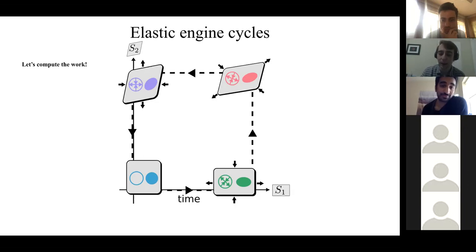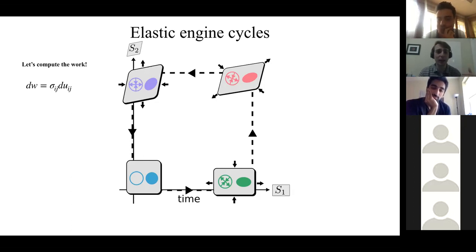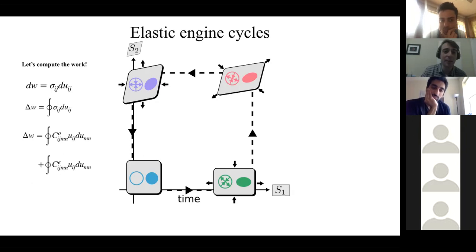Well, the work done on the elastic solid is the stress dotted into the change in strain. So that's the differential of work. To compute that on the full cycle, I simply integrate stress over strain. And then I utilize my constitutive relationship.